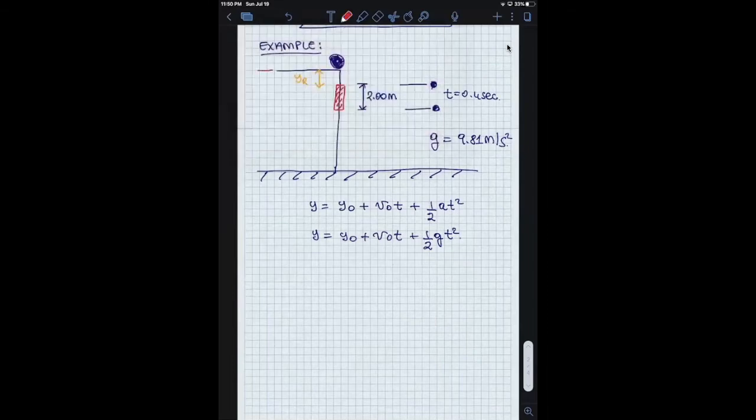I'm going to choose y to be downward, positive y, and y equal to 0 is right here. It's going downward to be positive. We don't really care about the x position because the ball is just going vertically, not sideways, so we don't care about the x.